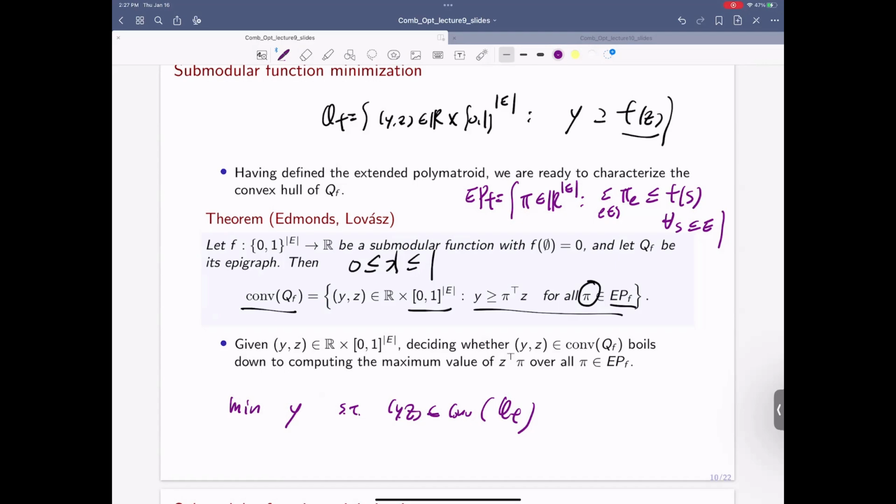Even though this is defined by infinitely many inequalities, as long as you can solve the separation problem over this set in polynomial time, that gives you a polynomial time algorithm for this optimization problem. That's what we are going to explain.